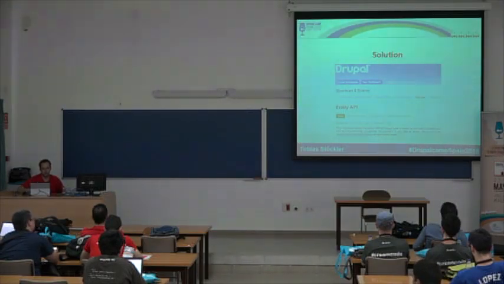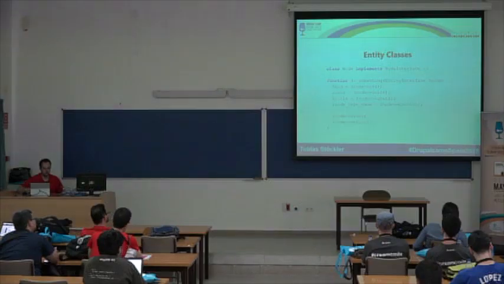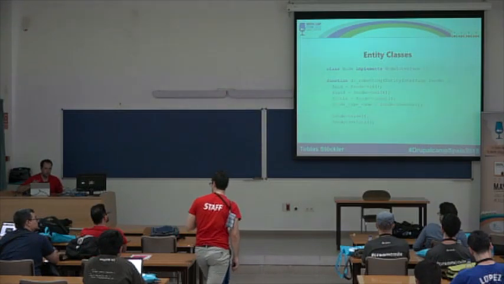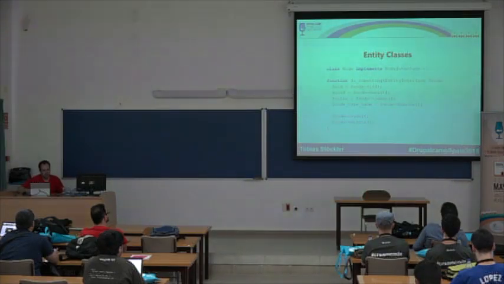So entities are turned into classed objects. That was the first step that we did for Drupal 8 Entity API. So you now have a node class. It's not just a standard class. Each node is now an instance of this node class, which also implements an interface.